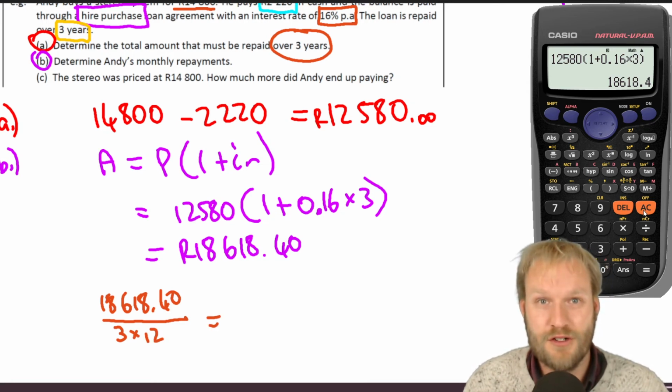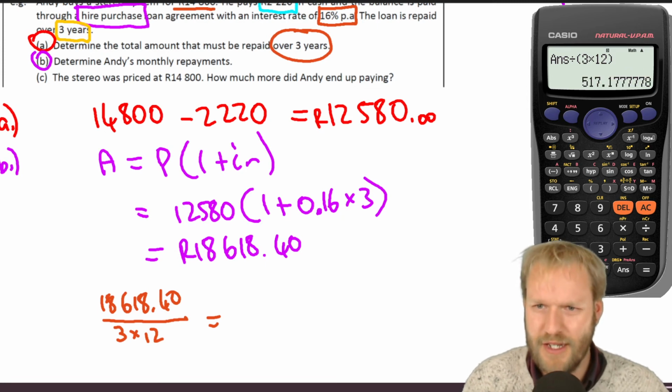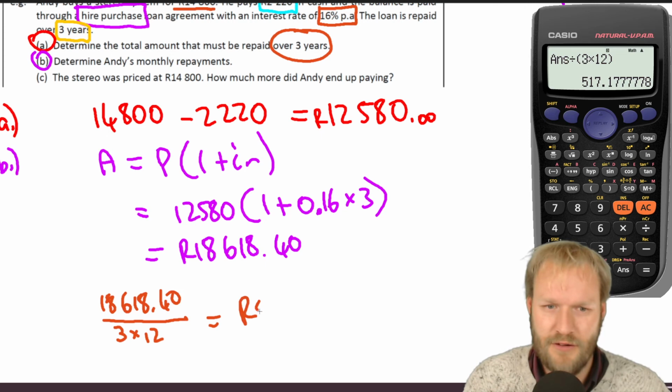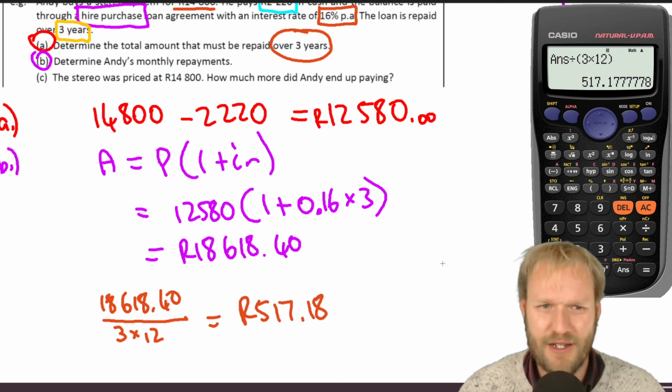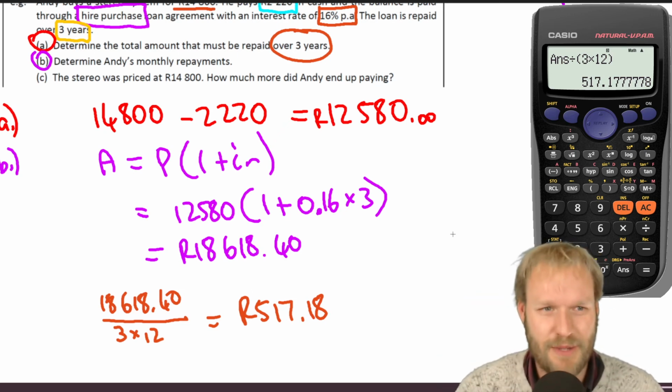Go for it. Okay, so I'm going to do it here. Divided by, now be careful, I want to divide it by 3 times 12, by 36. And that gives me 517,18. There's the monthly repayment. So for 36 months, that's what's coming out of Andy's bank account.